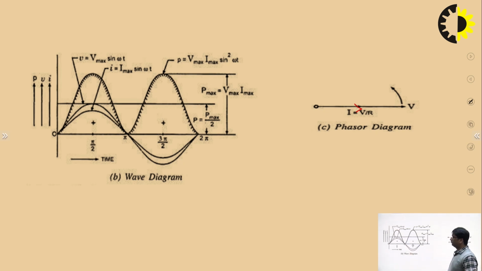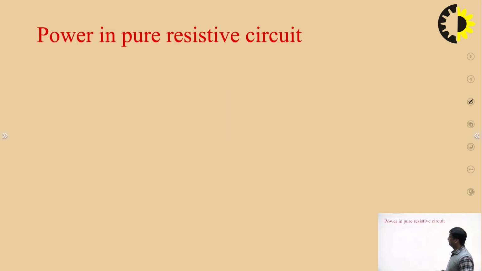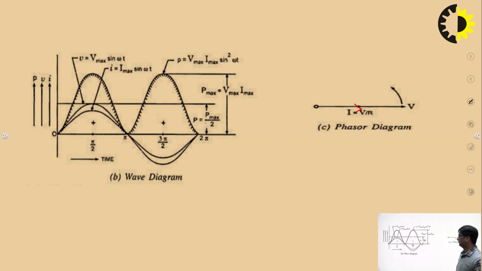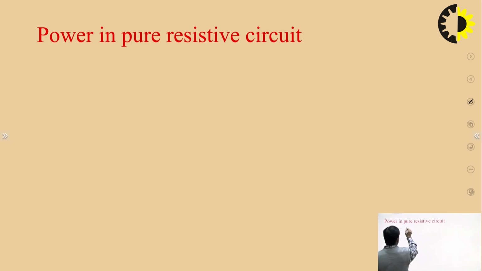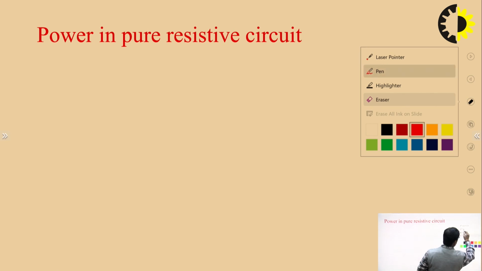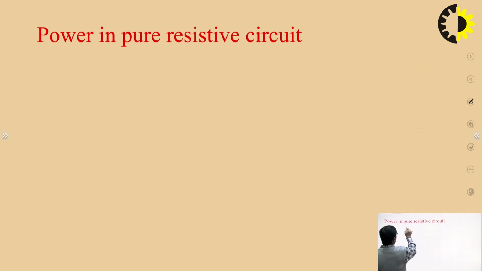Let us first find out the power in the pure resistive circuits. The instantaneous power is given by P, the product of the instantaneous values of current and voltage.